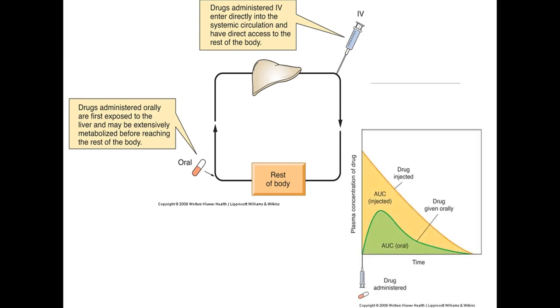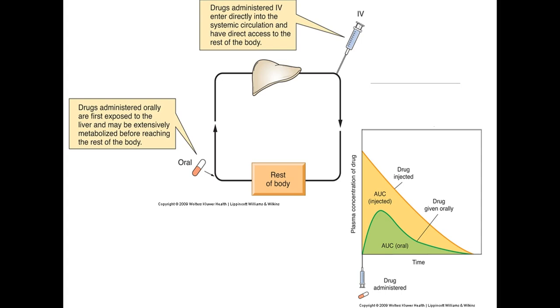And this little graph just shows, okay, I gave it as an injection, all my medicine's available all at once. And then it goes away over time. Where if I take it orally, as it's breaking down and being absorbed, my levels are slowly going up, and it reaches a peak and then comes back down.